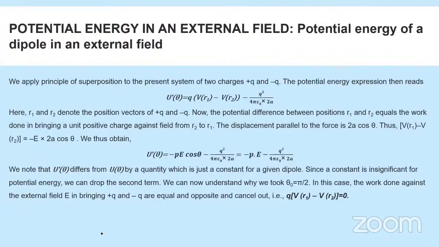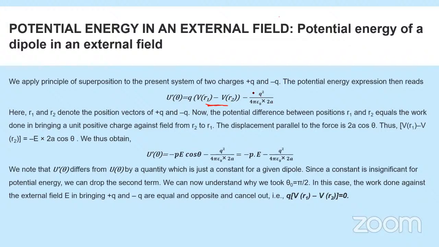Now, applying the superposition principle, where we have two charges, plus q and minus q, the potential energy will be the charge multiplied by the potential difference between the two point charges, say one at r1 and one at r2.